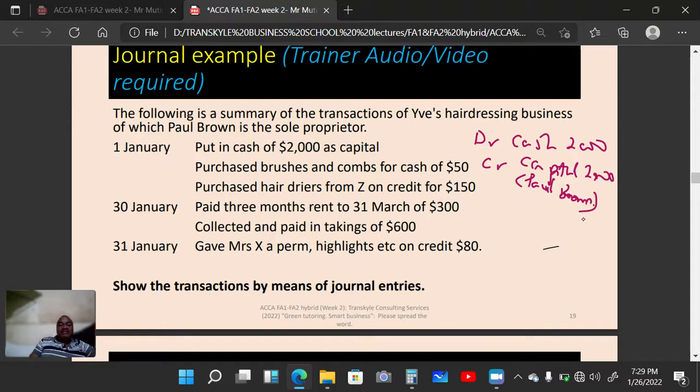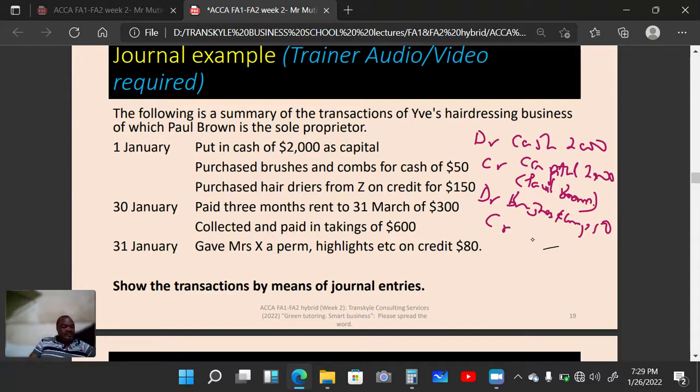Then on the same date, the business purchased brushes and combs for $50. How do we record this one? We are going to debit the assets, brushes and combs, $50, and credit what?